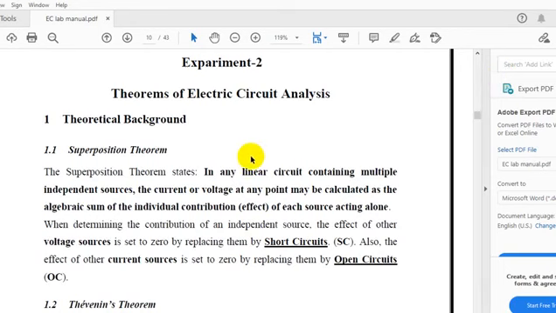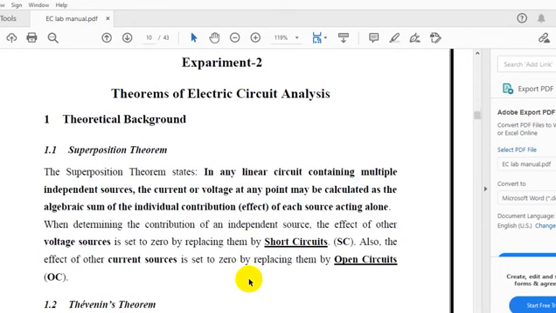As you know, the superposition theorem states that in any linear circuit containing multiple independent sources, either current or voltage sources, the voltage or current at any point may be calculated as the algebraic sum of the individual contributions of each source acting alone.